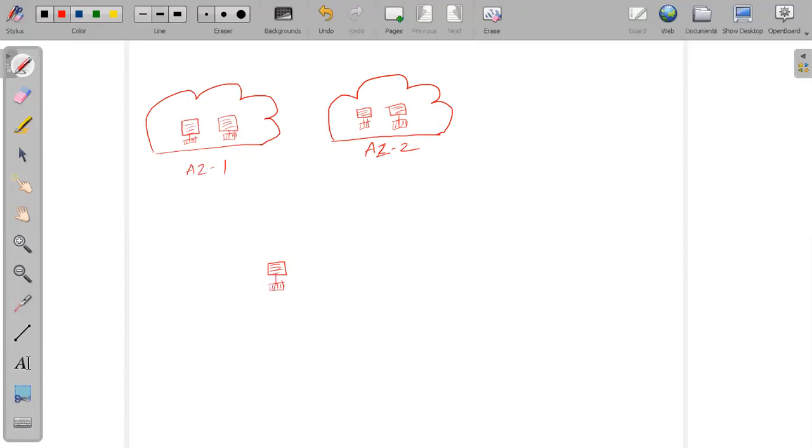This is a keyboard. Now I'm drawing another availability zone, availability zone 3. This is the complete setup.